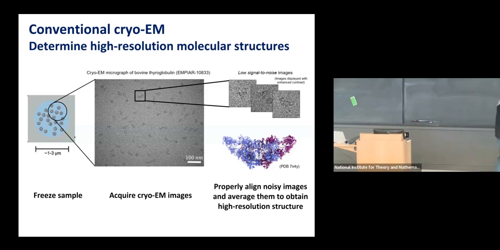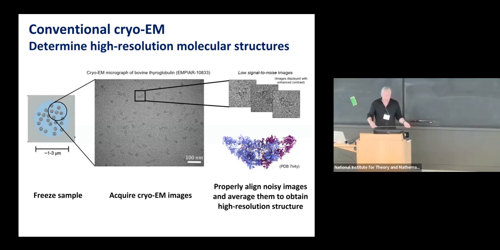Therefore, people have sophisticated algorithms to properly align all these noisy images of individual molecules in their sample, and then average them together in the right way. Then they obtain a high resolution structure. So that's conventional cryo-EM, which, like I said, is super well established.